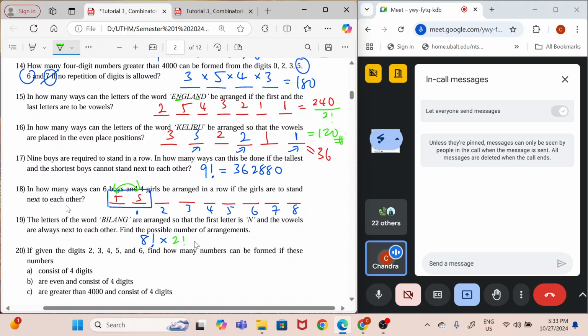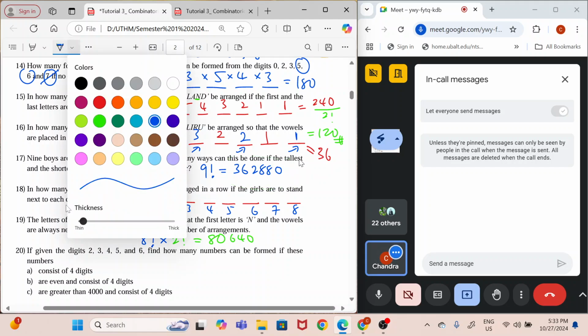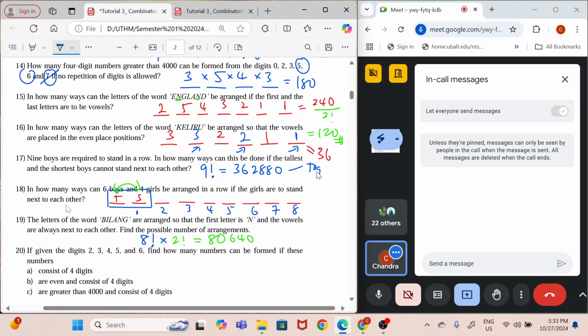So 2 factorial. So how much do you get? You get 80640. Okay, this much arrangement is the tallest and shortest next to each other. This one is the tallest, this one is together, and not together.